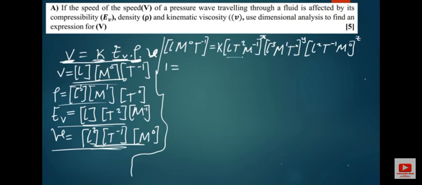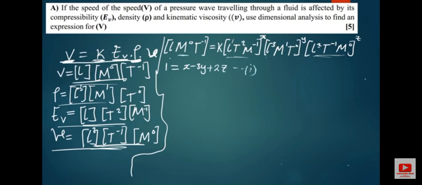In the first part, we have L to the power 1, so 1 times X, I'm going to get X. In the second dimensions, the power of L is -3, so -3 times y, I'm going to have -3y. Then the power of L in the third set of brackets is 2, times z, so we have plus 2z. So this will be our first equation.